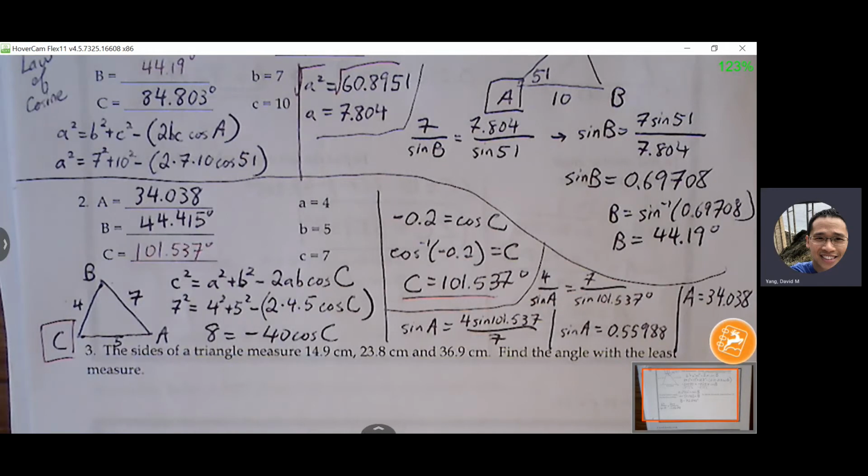So number 2, which angle do we want to target first? C, yep. Largest side will lead you to the largest angle.